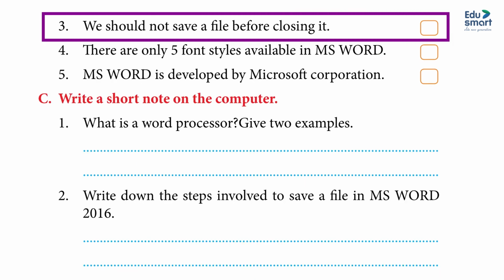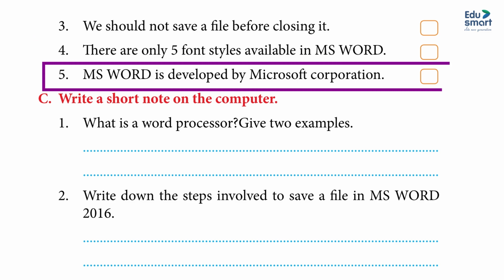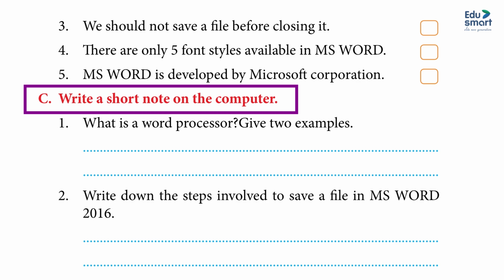We should not save a file before closing it. Answer: false. 4. There are only 5 font styles available in MS Word. Answer: false. 5. MS Word is developed by Microsoft Corporation. Answer: true.